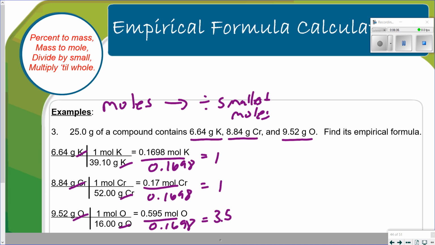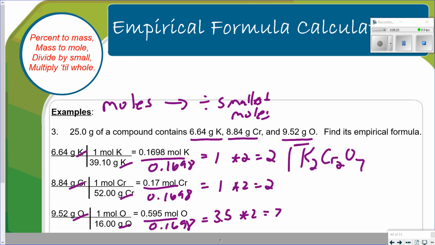That cannot be a subscript, and it will not round up, it will not round down. We multiply that by 2, we end up with 7. And what we do to one, we do to them all. So we end up with K2Cr2O7, and hopefully you recognize that as potassium dichromate.